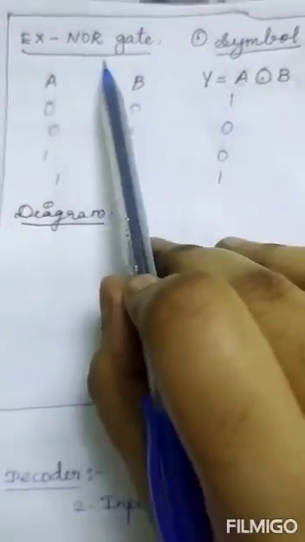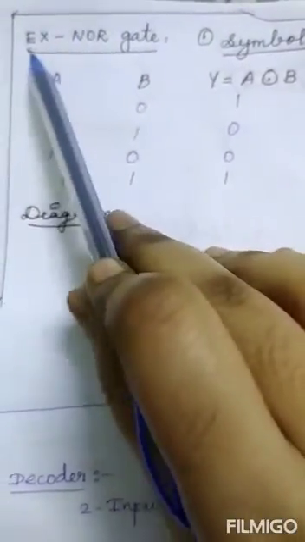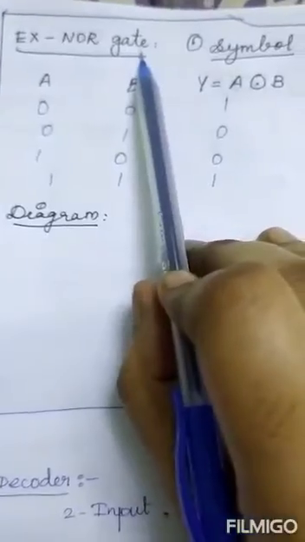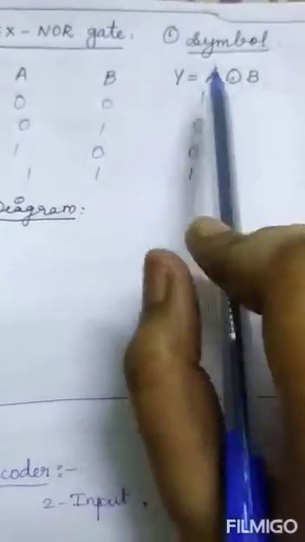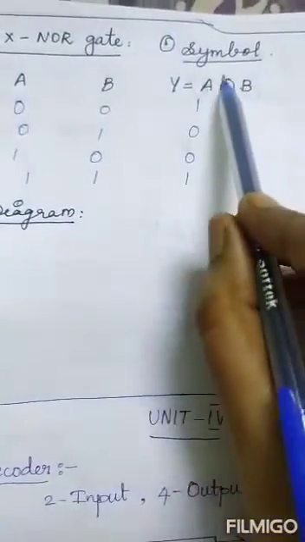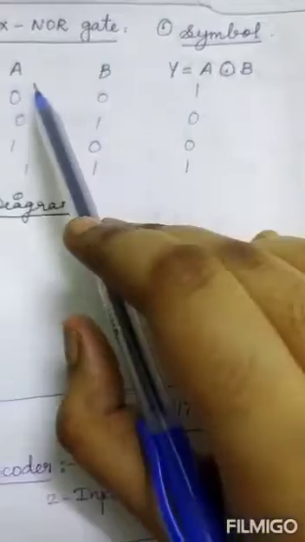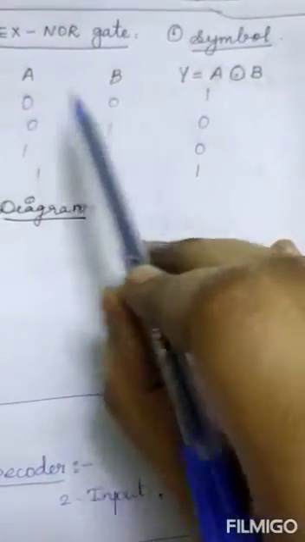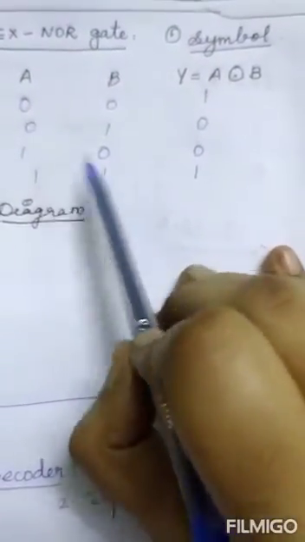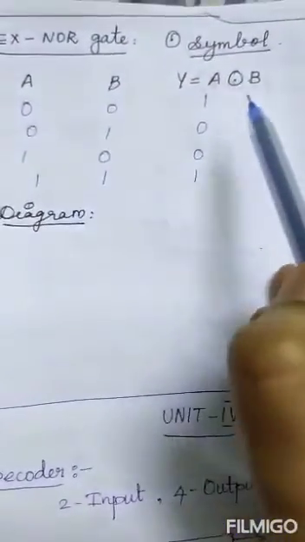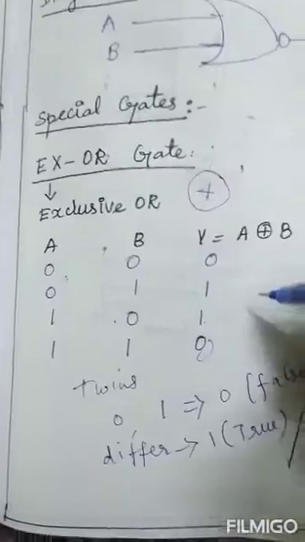The last type in the special gates is XNOR gate. XNOR gate means the symbol is a dot and circle symbol. Inputs we are giving 0, 0, 0, 1, 1, 0, 1, 1. Here it is the reverse of the XOR gate.